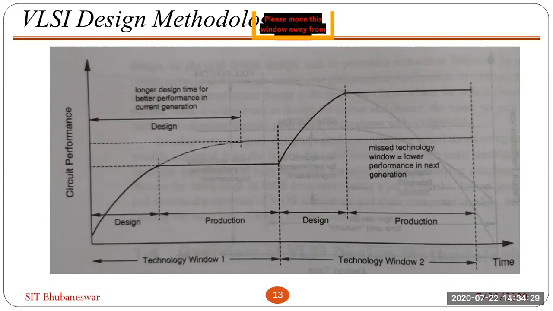But if you use more than the given design time, then you will get less production time. Yes or not? Within technology window 1, if you use more time on the design, then definitely you will get less time for production. Once you get less time for production, it will extend into design window 2.